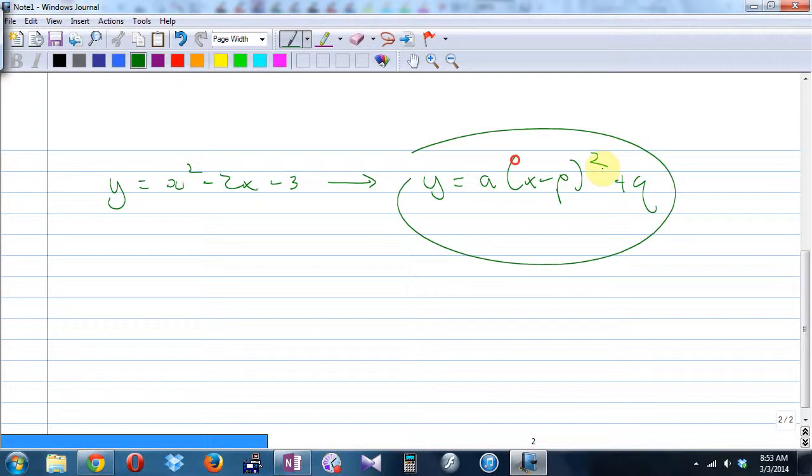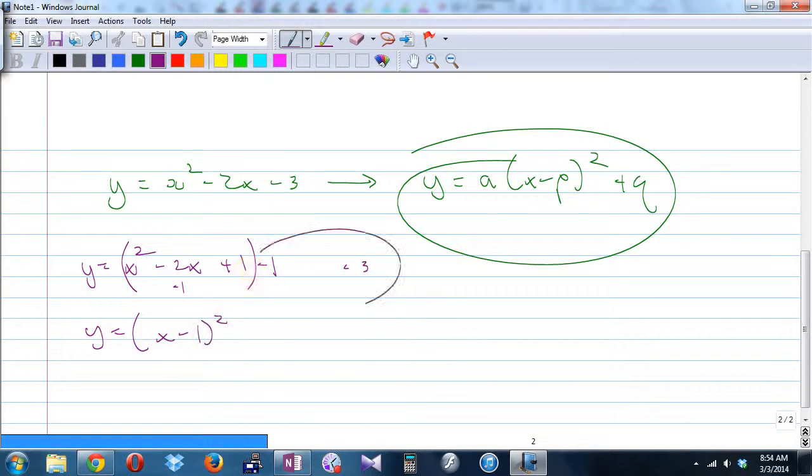The process went as follows: the minus 3 temporarily moved over. You divided that by 2, which was worth a negative 1, then you squared it, and you subtracted it. Then that factors into x minus 1 all squared, minus 4.